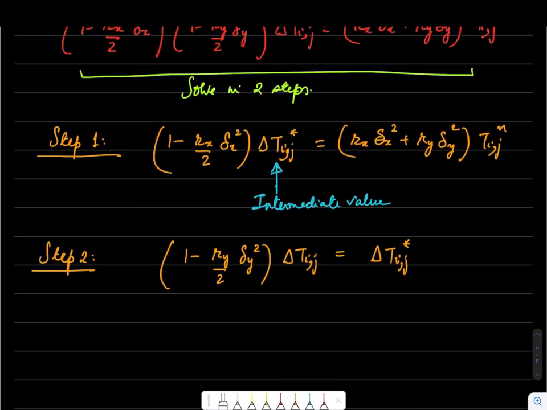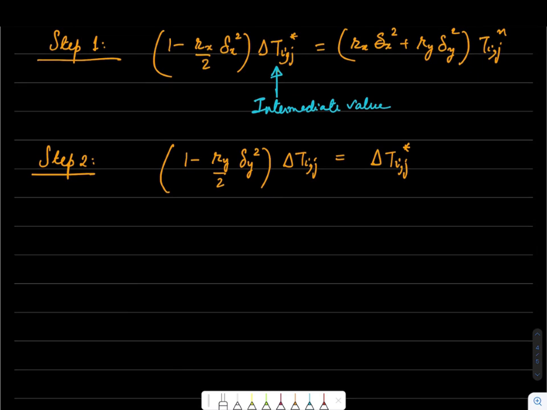Now by doing so, what have I achieved? I have ensured that the right hand side is completely known, because it's in terms of temperature at n, and so we can easily solve this function, which is an unknown value, in terms of a TDMA type system. And similarly here on the second step, I will now have this as known, because I would have solved this equation, and so this becomes again a TDMA like system.